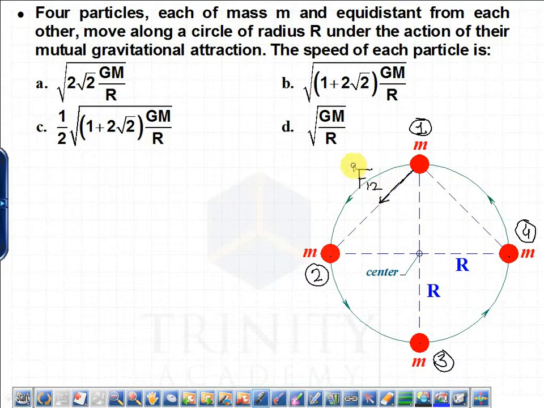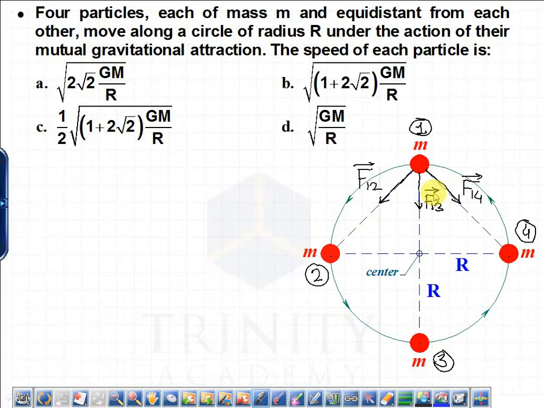We can denote it vectorially. Then F14 will be the gravitational force exerted on particle 1 by particle 4, and at the same time F13 would indicate the gravitational force exerted on particle 1 by particle 3.